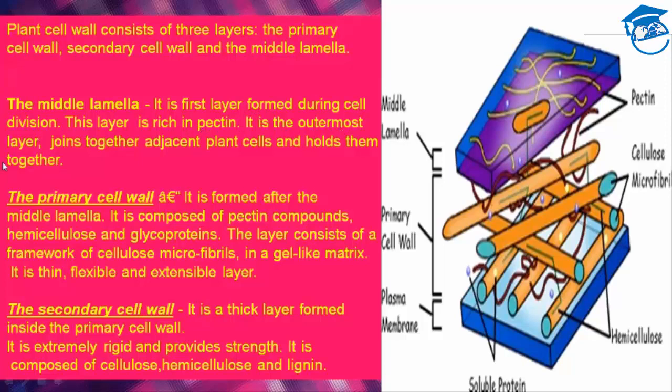It is the outermost layer, and more specifically it is composed of calcium pectate. That is why it is rich in pectin, students. Please note that it is the outermost layer that joins adjacent plant cells and holds them together, or glues them together.